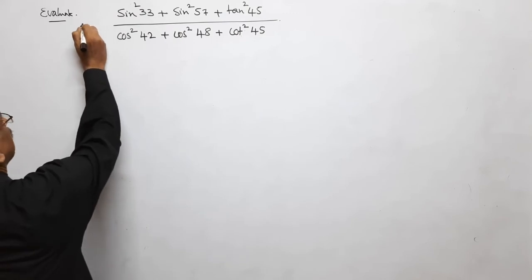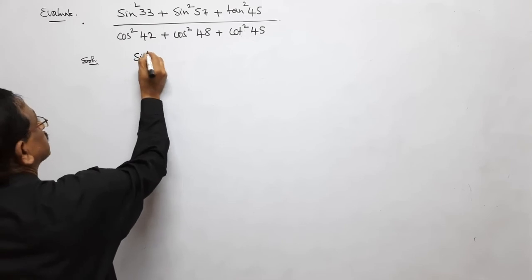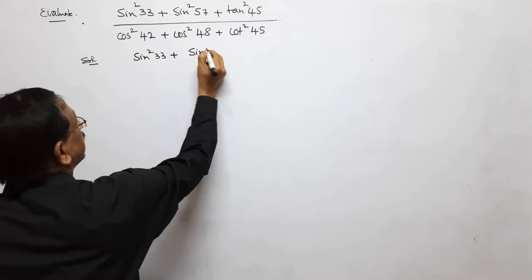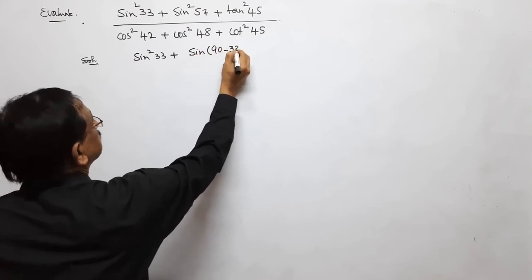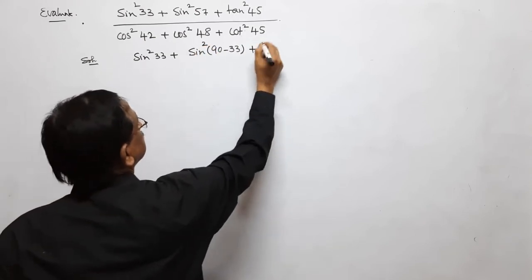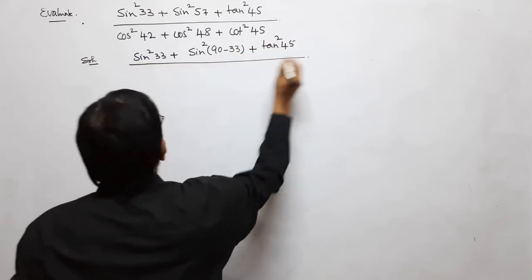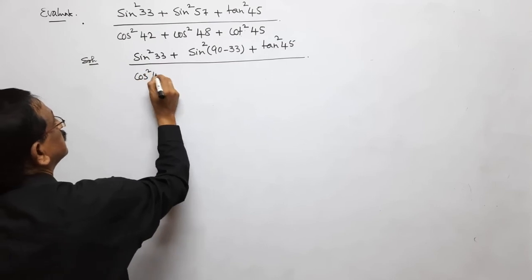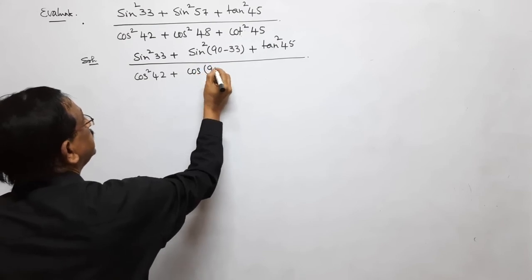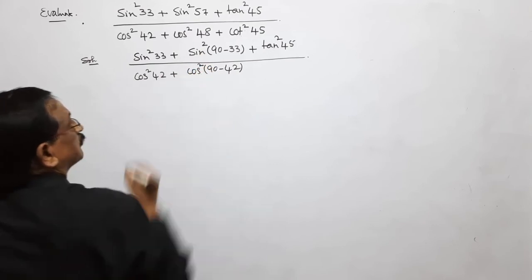We'll see. Evaluate. The solution is, I'll write down sin square 33 plus, sin 57 can be written as sin 90 minus 33, which is squared, plus tan square 45 by cos square 42 plus, for cos 48 again I can write down cos 90 minus 42, cos square, so I have to put square.